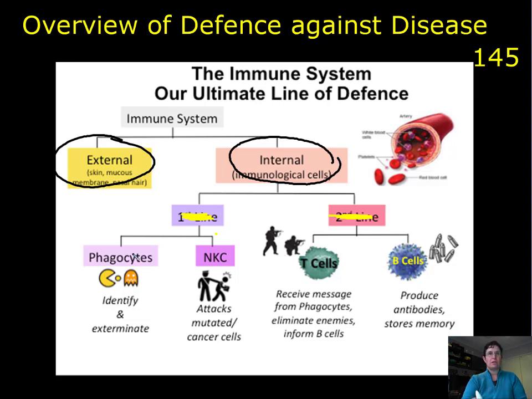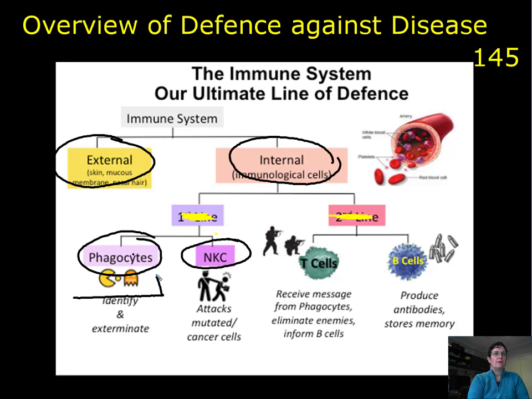So as soon as you get into the internal barriers, we divide those out to a second line of defence, which constitutes the phagocytes and the natural killer cells. Phagocytes are responsible for engulfing foreign bodies, and that's why we've got this concept of it looking like a Pac-Man again.